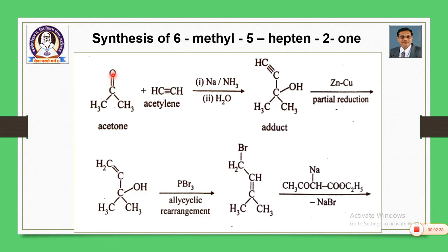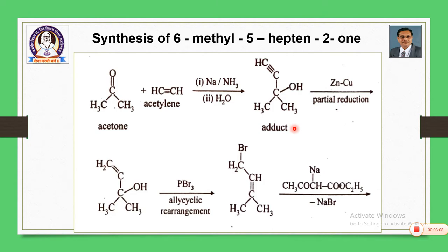This carbonyl group C double bond O is converted into COH and there is addition of acetylene group CH triple bond C. So, we get an intermediate. So, first step is addition reaction, addition of acetone and acetylene takes place, giving an adduct and intermediate.